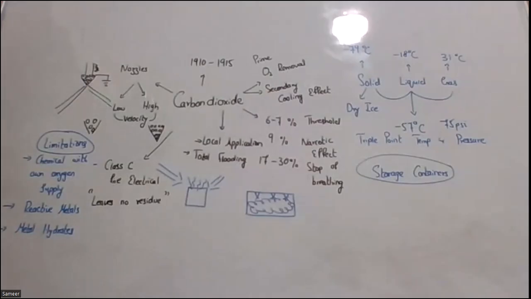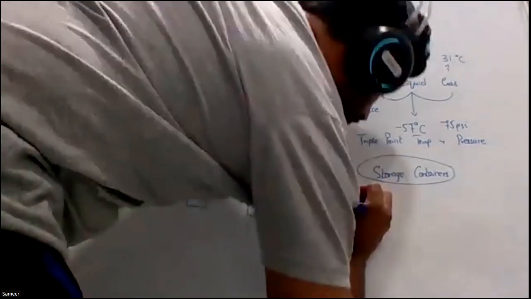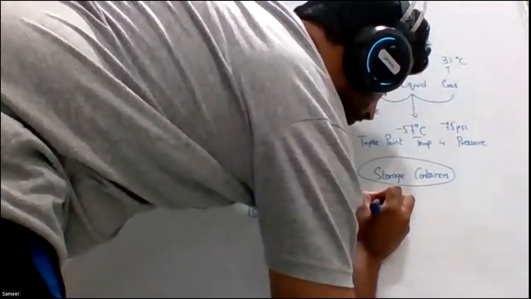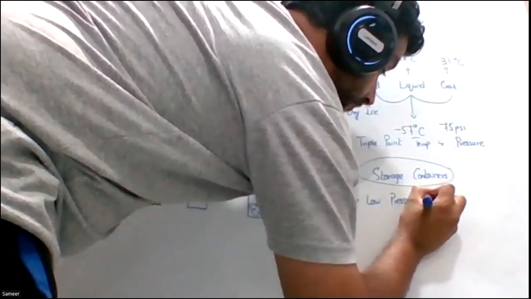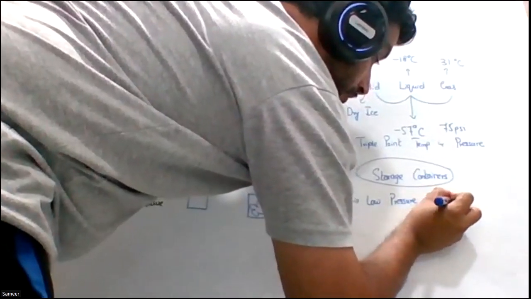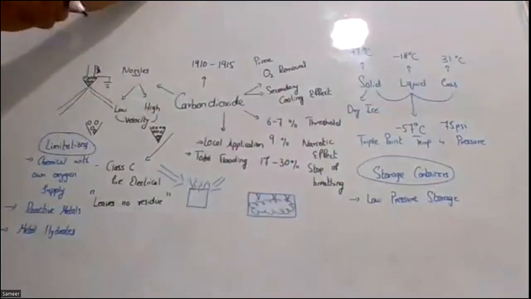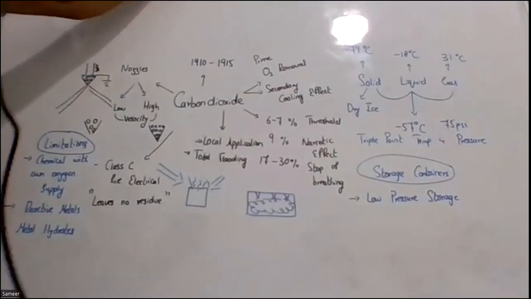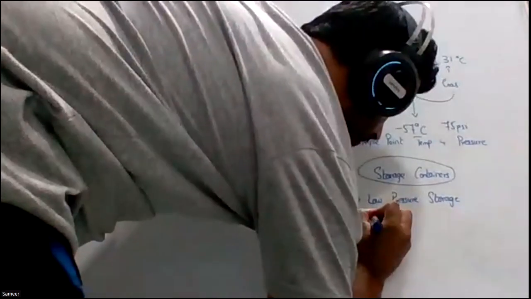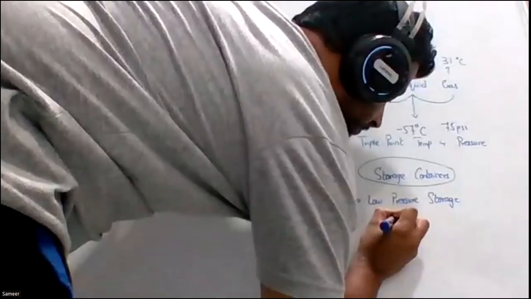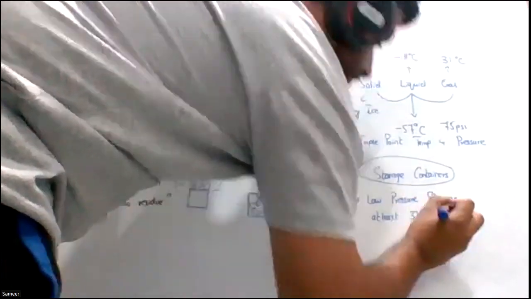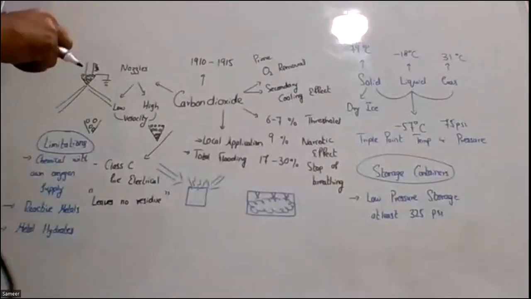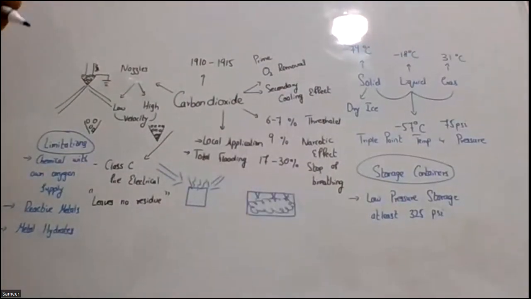Two types of containers are there. One is the low pressure storage containers. In low pressure storage, the pressure that we need to maintain is at least 325 psi.